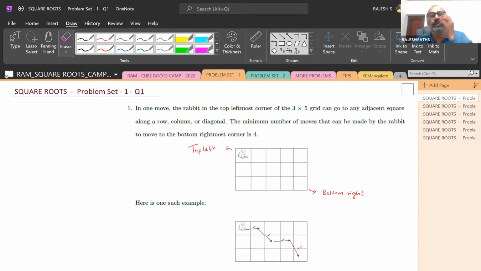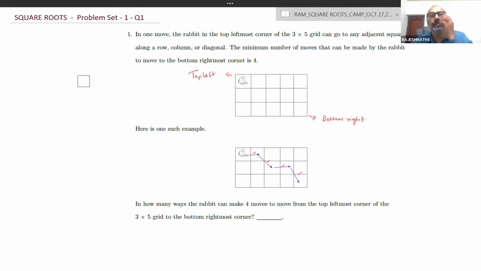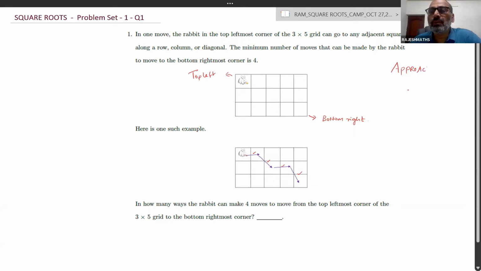The idea is, since it has to make 4 moves, let me explain. This is very simple, 3x5, and I know that some of you are raising your hand to solve, but I am going to talk only about the approach to solve the problem.